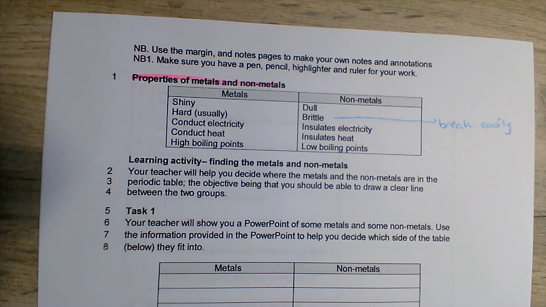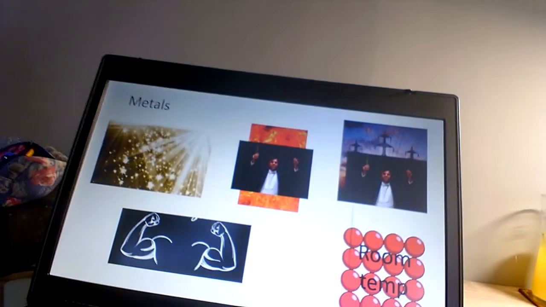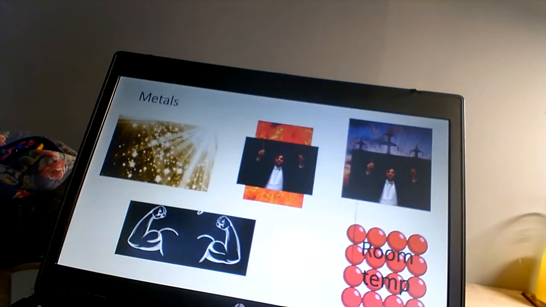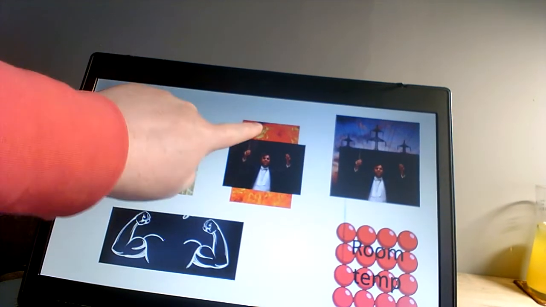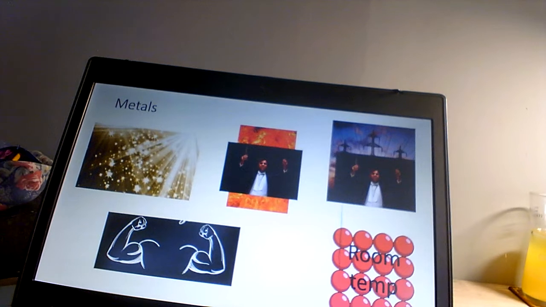I have made a resource that I'm going to show you, and I will attach a copy of this on the independent learning, and it is a picture format, and hopefully you can see that briefly, of the metals and non-metals. So for the metals, they are shiny, strong, conduct heat, conduct electricity, and they're solid at room temperature.